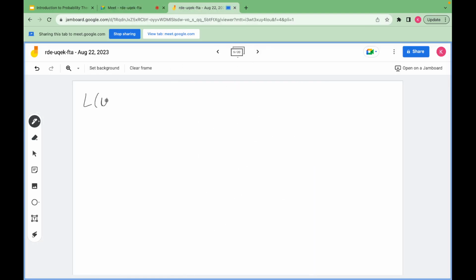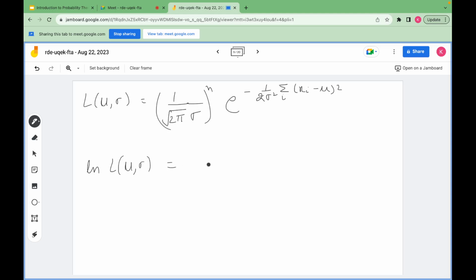So this L became 1 upon root 2 pi sigma to the power n, e to the power minus 1 by 2 sigma square summation over i of (xi minus mu) whole square. Now we will take log on both sides.